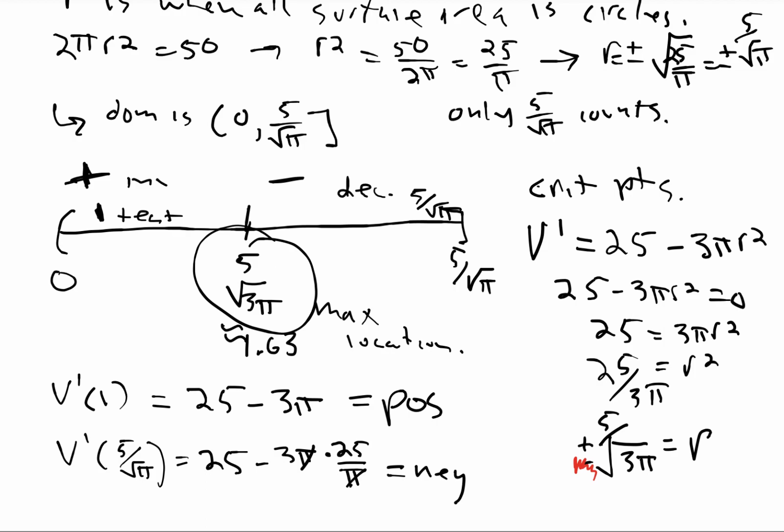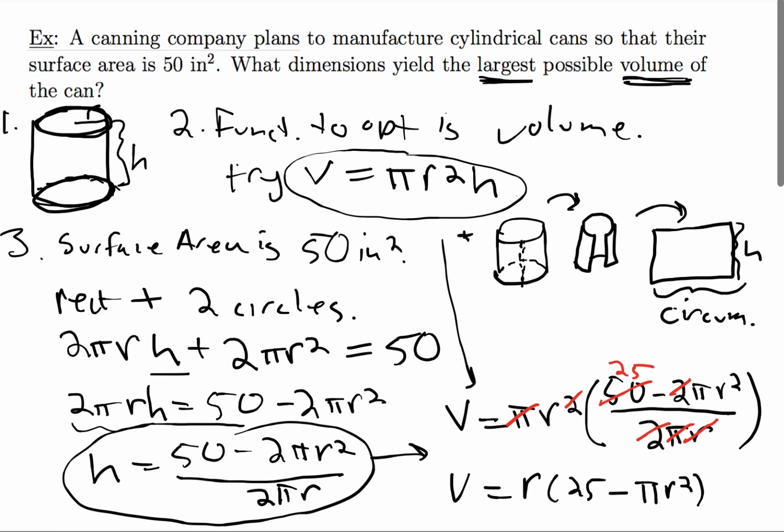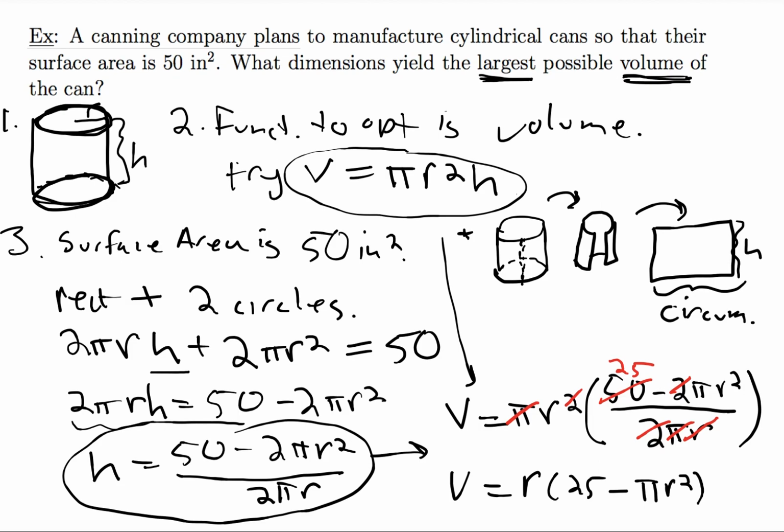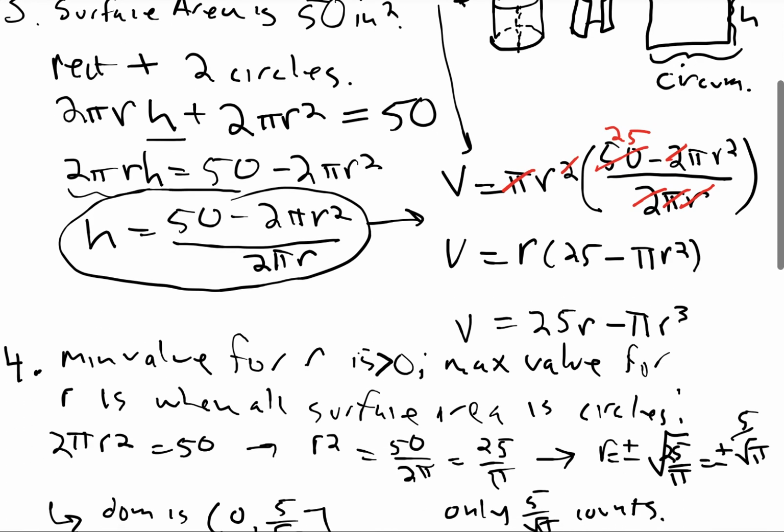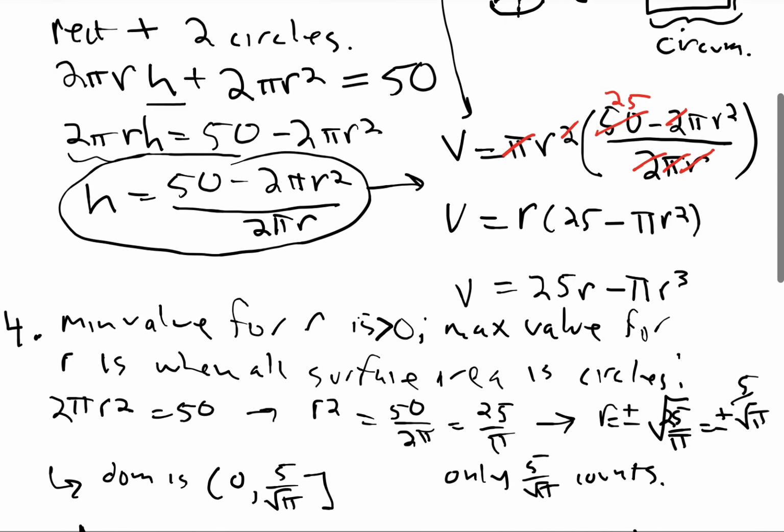Now, we're not quite done yet. I have to go back and double check what they actually wanted here. If I scroll up and look at my question, what dimensions yield the largest possible volume of my can? Okay, so I want to figure out what my dimensions are going to be here. Now, my H is given by this guy.